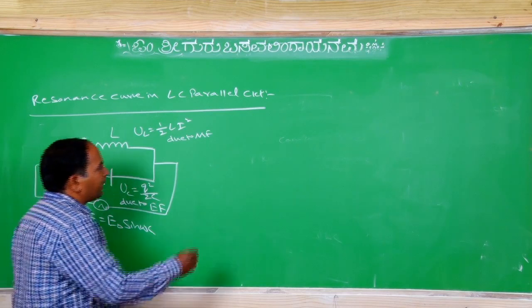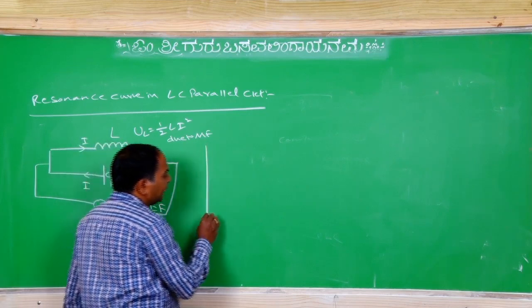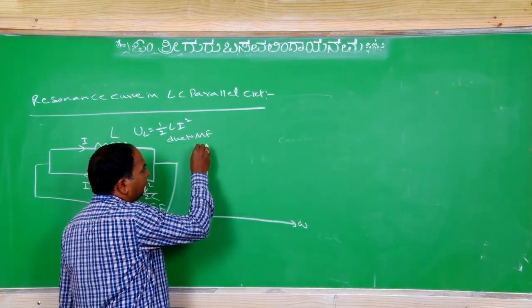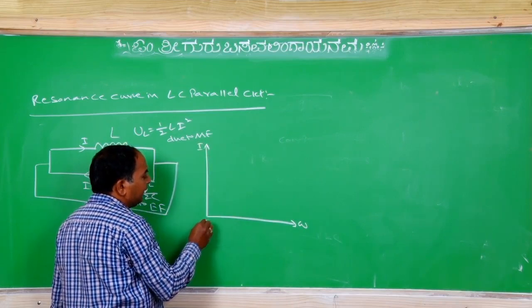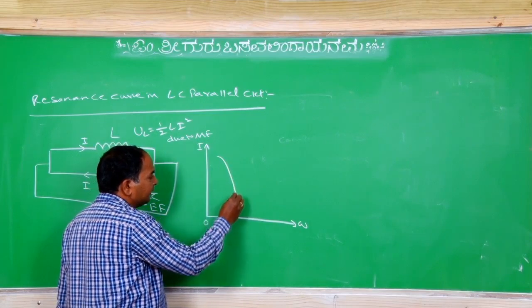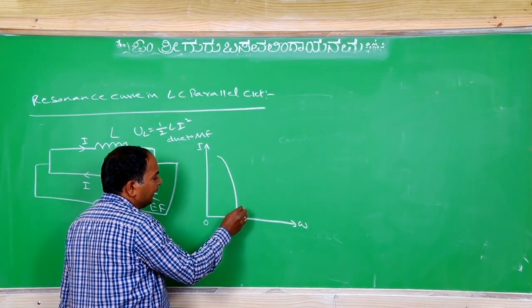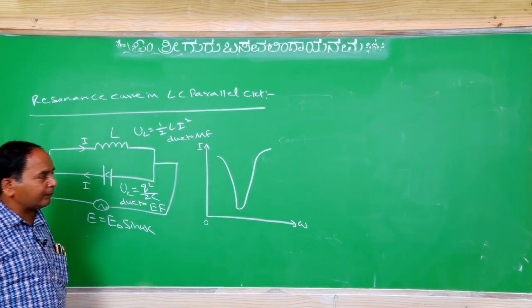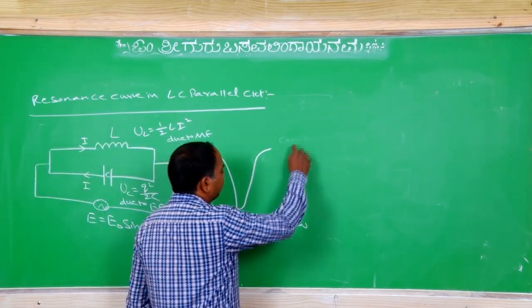Now, if you plot a graph between the current and frequency, in the case of LC oscillations, the curve you may get like this. In the case of LCR series circuit, the curve is like this.